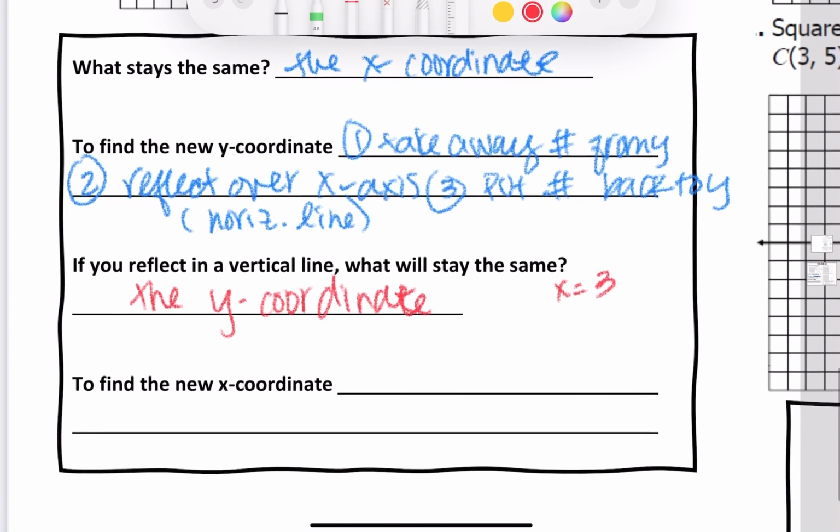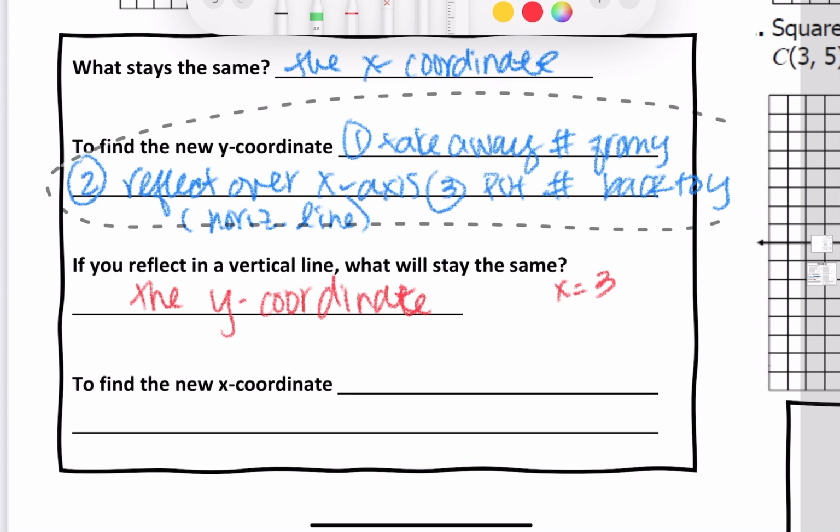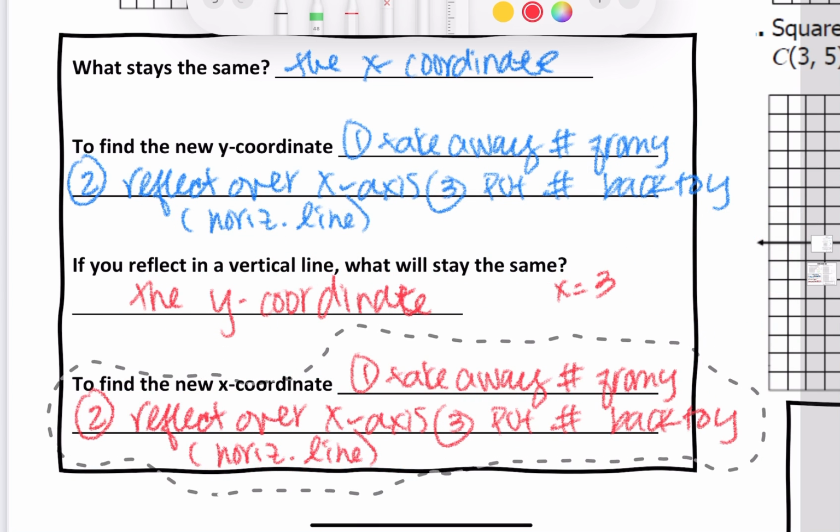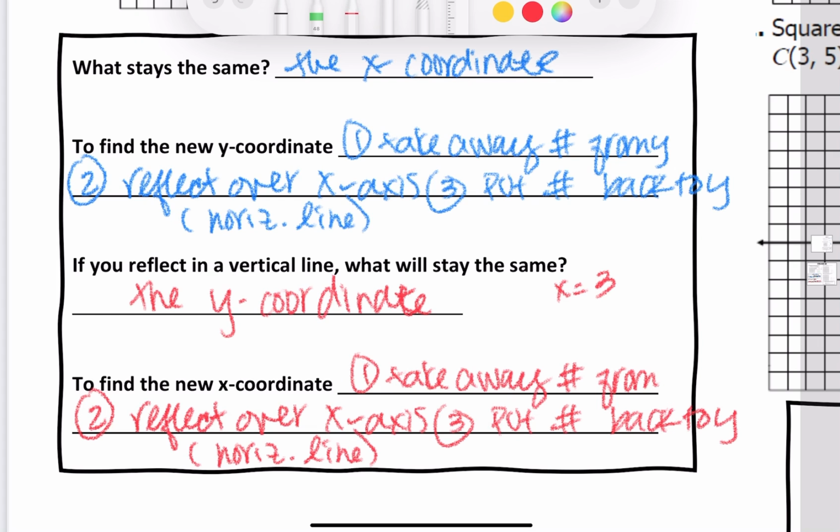What you would end up doing is the same exact thing, except now you're going to do it from the x. So take away that number, the 3, from the x, reflect over the y-axis because it's a vertical line, and then put the number back to your x coordinate. All right, that's the second type of reflection you're going to see.